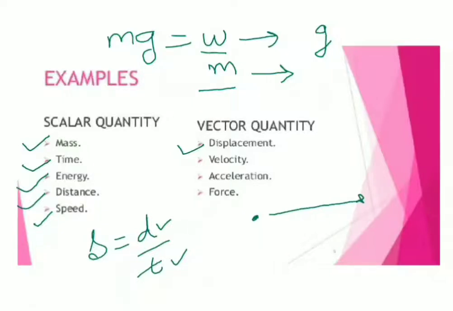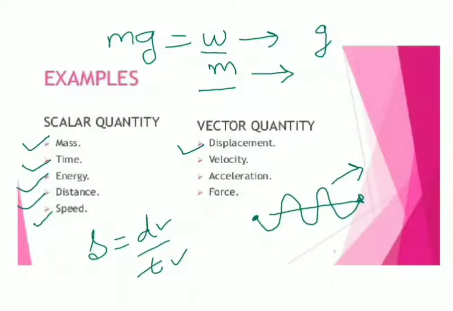But if this body moves in a zigzag path and reaches this point, the zigzag path you can say is the largest distance, and the minimum distance covered by this object in reaching this point is given by the straight line. So in displacement, first of all, this is the minimum distance covered by an object. Secondly, it has some direction.